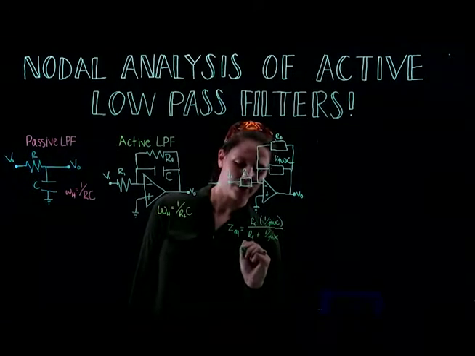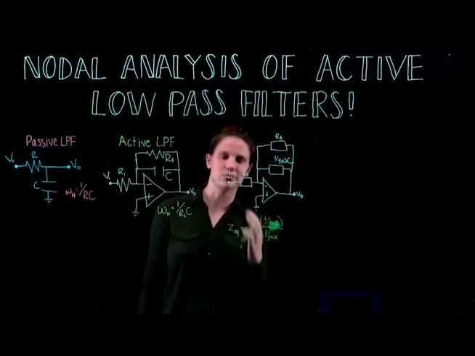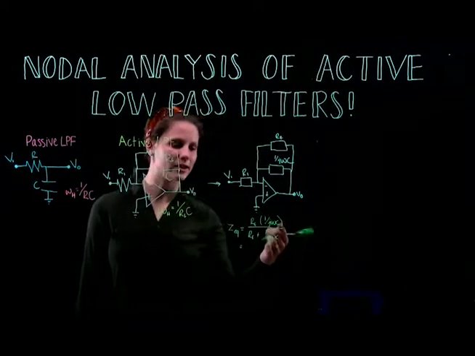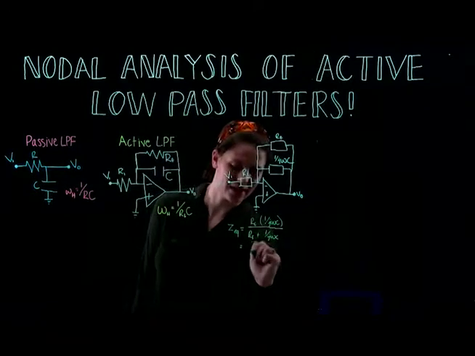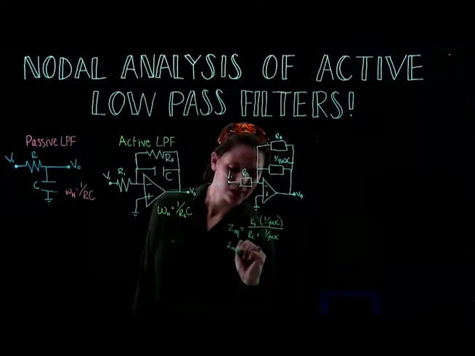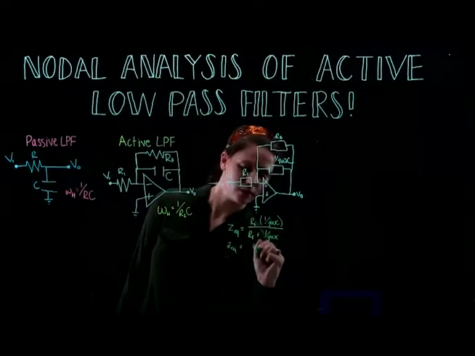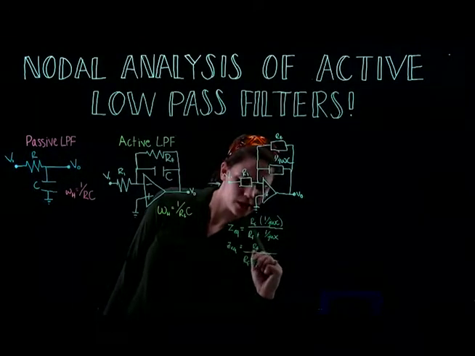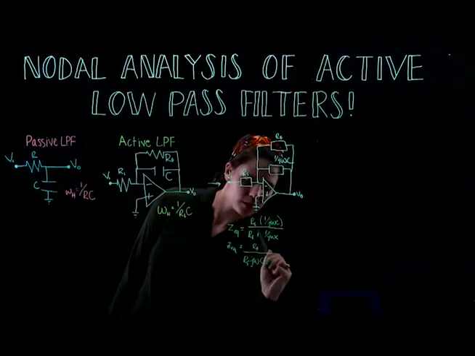And to make that a lot prettier to look at and easier to know what to do with, we're going to move this JWC that's in the fraction in the top down to the bottom so that we get our ZEQ equal to RF over RFJWC plus 1.